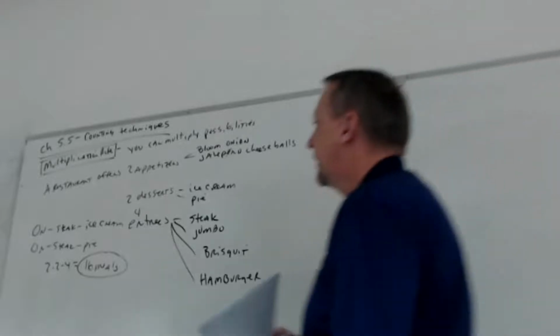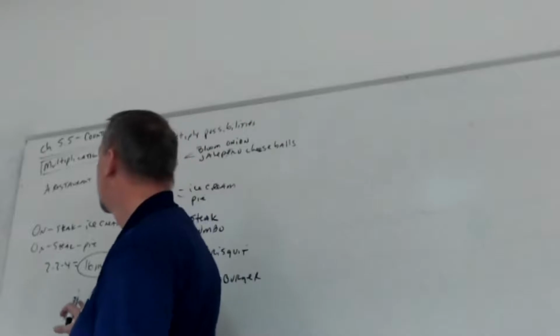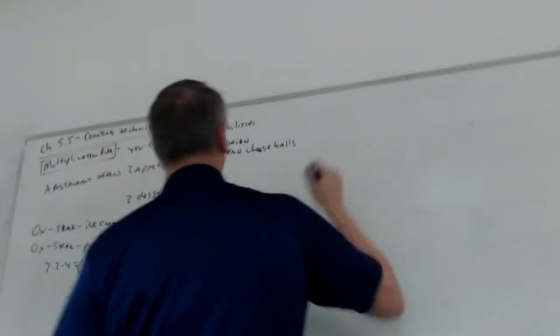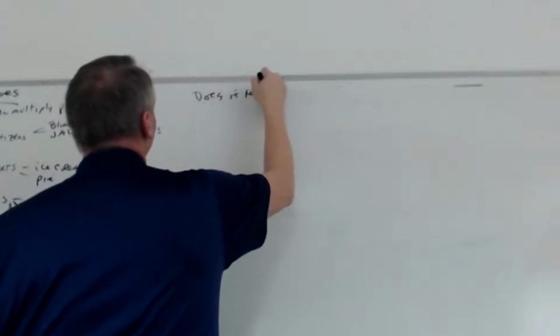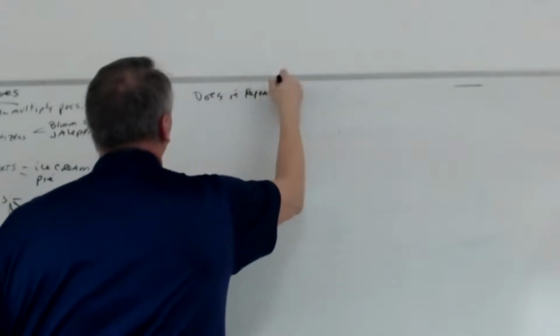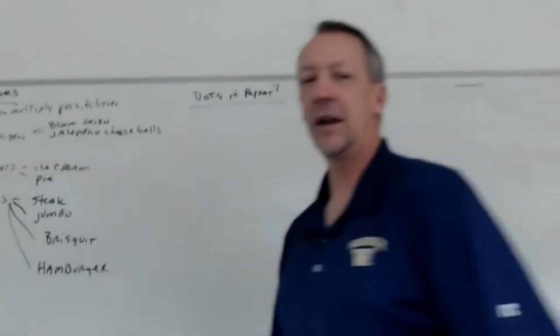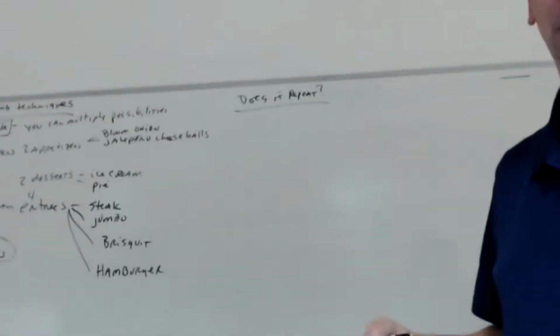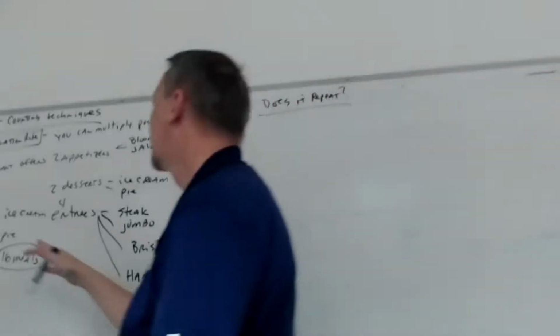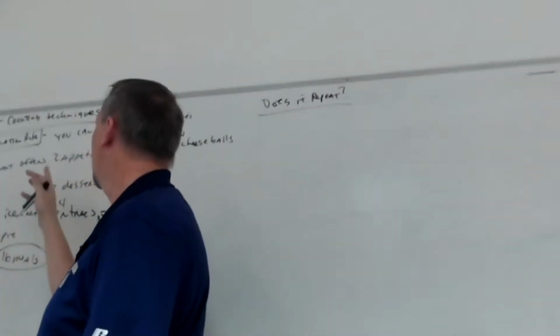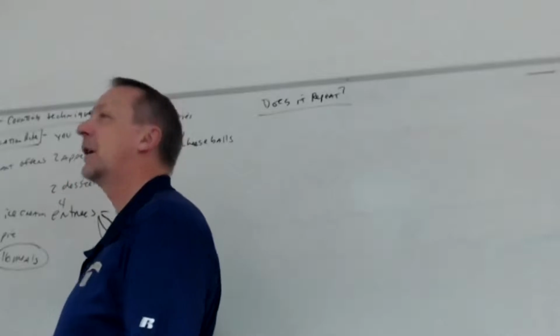One of the things that we're going to ask here is, does it repeat? That's a good thing to ask. Now in my case with the food here, I'm going to pick one appetizer, one dessert, and one entree.